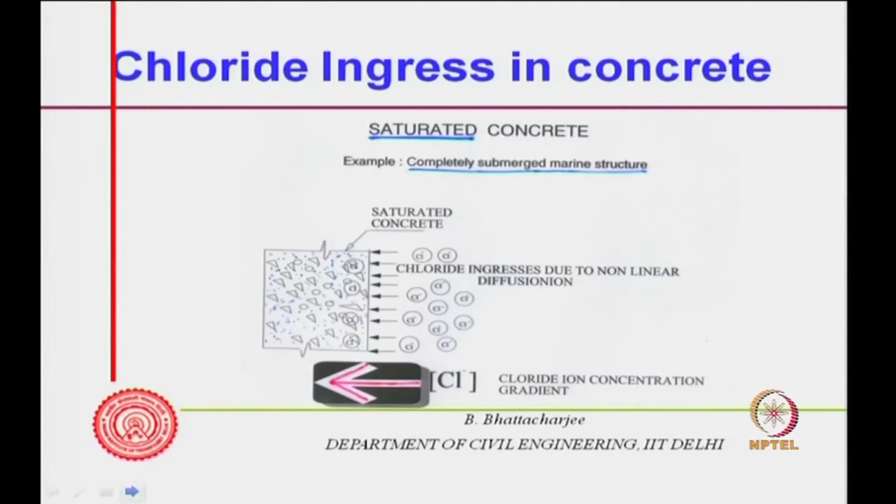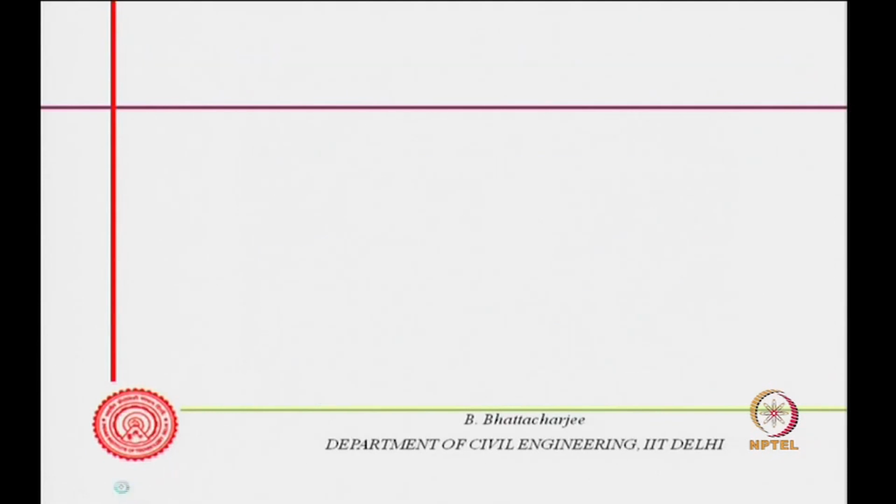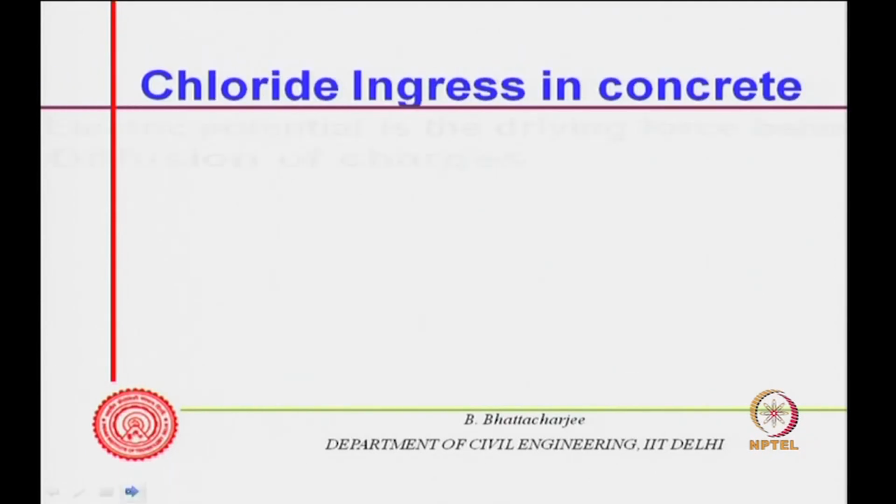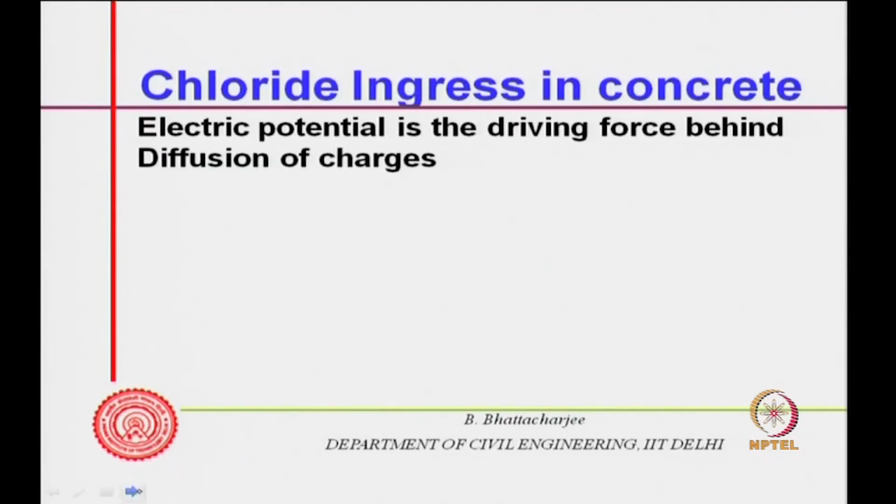Right. So, if the concrete is saturated, the concentration of chloride ions will be high here and it may not be there inside. Chloride may diffuse by the Fickian diffusion equation. And actually for charged particles, there is electrical potential.